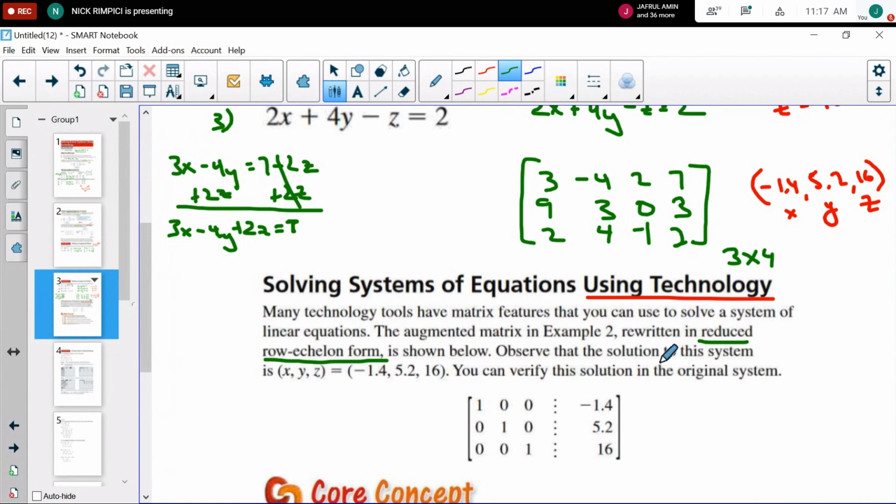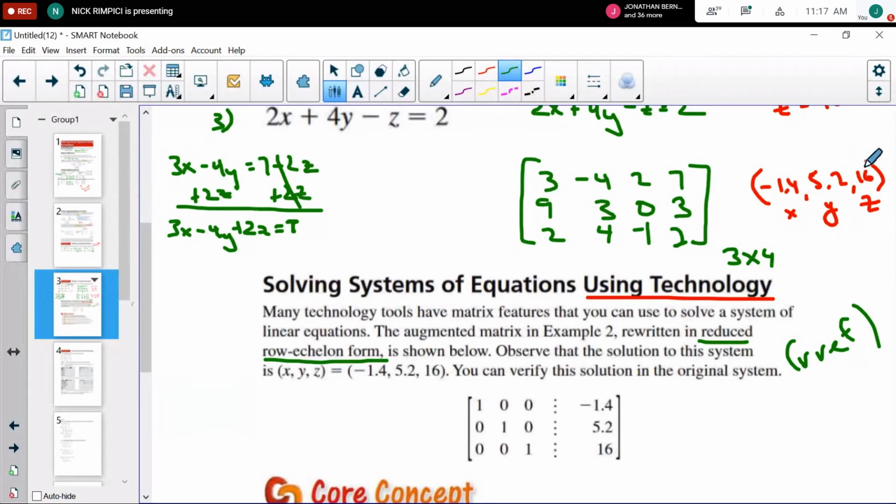When I used the calculator, I hit the button RREF. That's how you solve. RREF stands for reduced row echelon form. Observe the solution to the system, and this is the same answer I have: negative 1.4 right there, 5.2 right there, 16 right there.